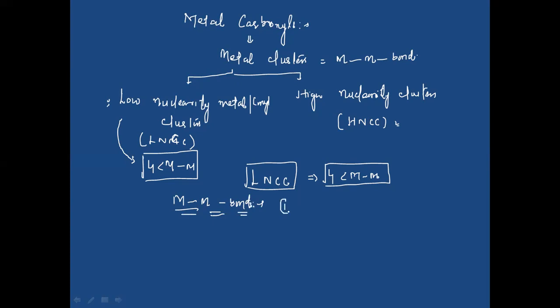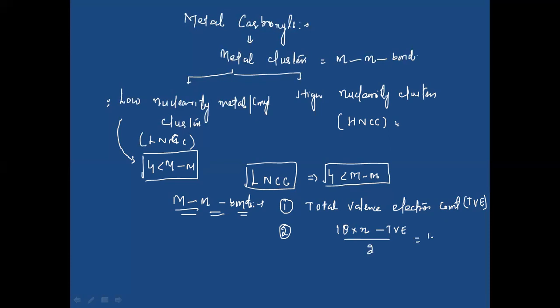Our first step is to determine the total valence electron count of a cluster, represented by TVE. Then in the second step, you subtract this TVE from 18 into N, and divide by 2.